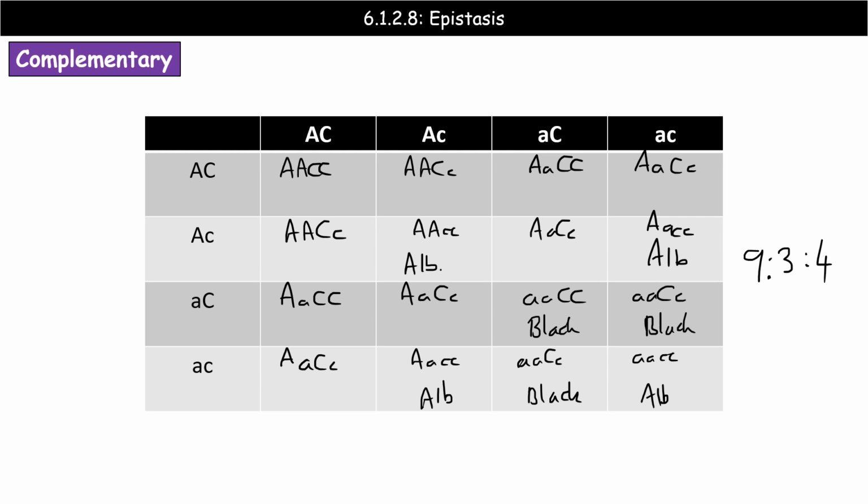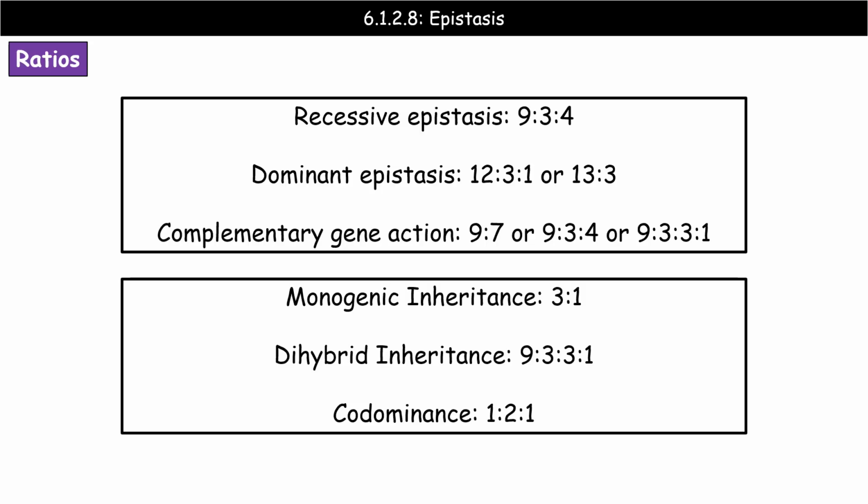So we've talked a lot about different ratios here, and over the past few lessons you'll have looked at even more ratios. What I suggest you do as a good reference is put them together. What I've done for you here is give you all those different ratios that you've encountered over this topic.